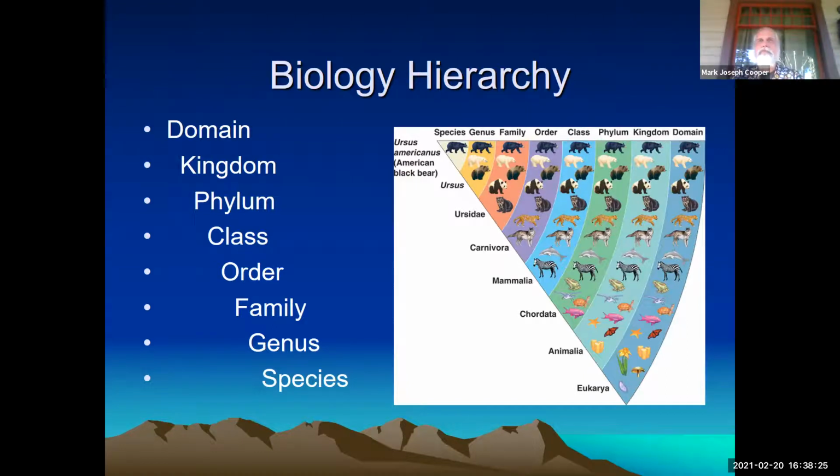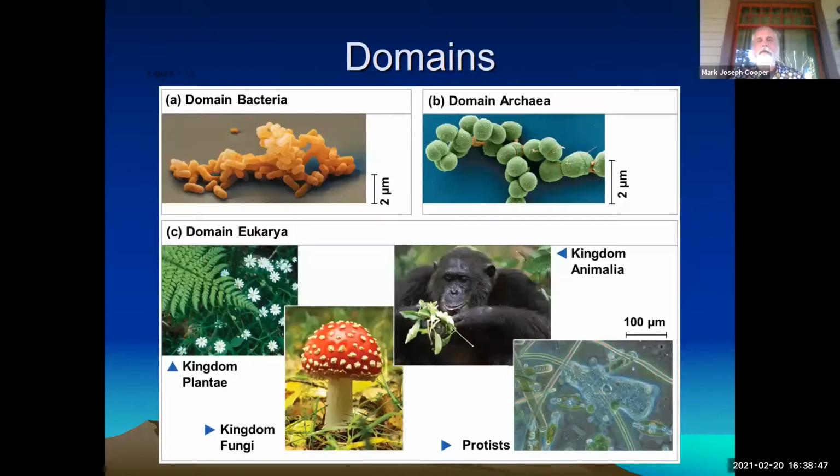And that is really where we are today: what most biologists should be teaching is that there are 3 domains, and under the domains there are what we still call kingdoms, but even that name is starting to fall apart a little bit. Okay, so let's talk about the 3 domains.